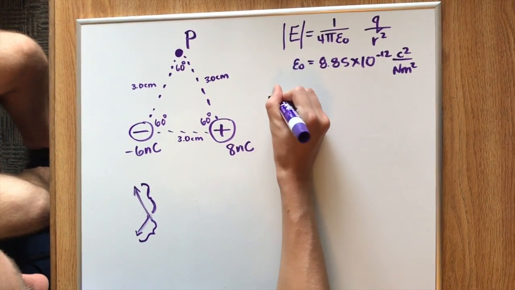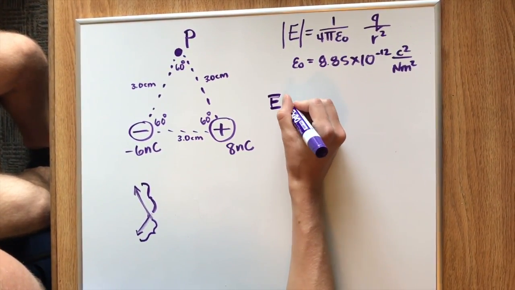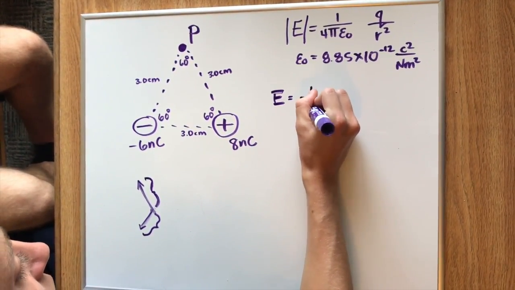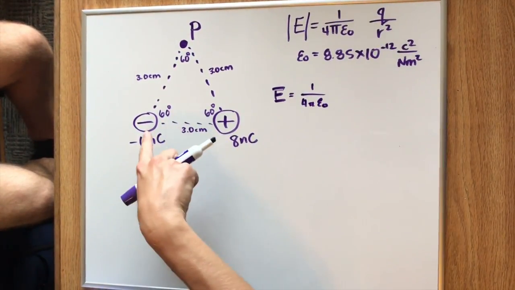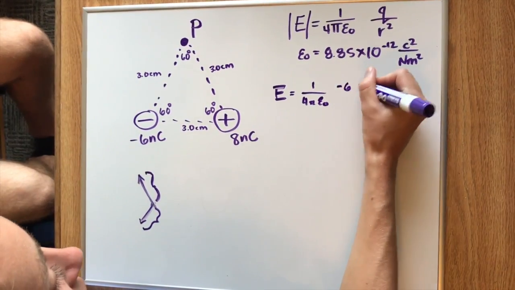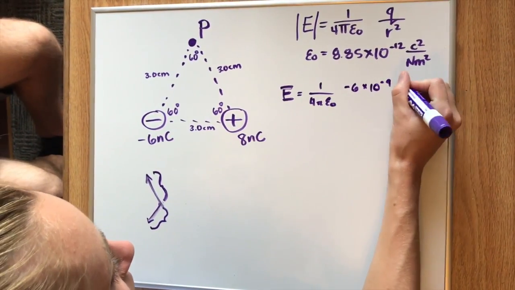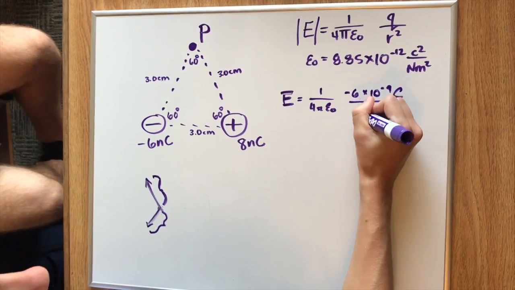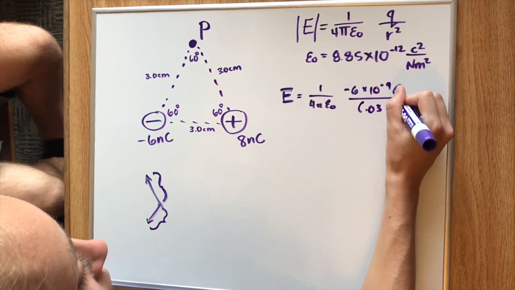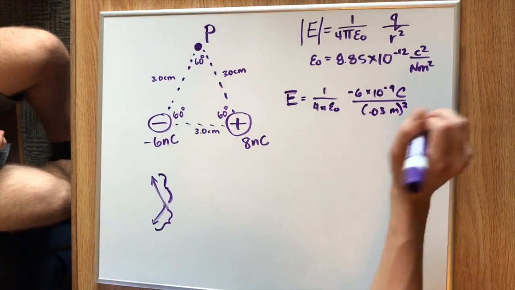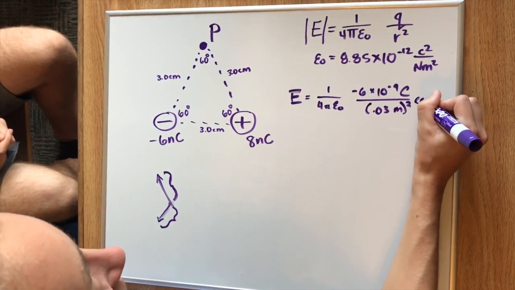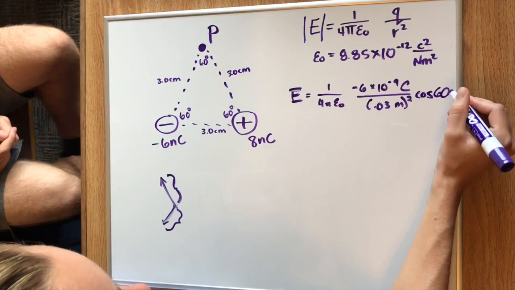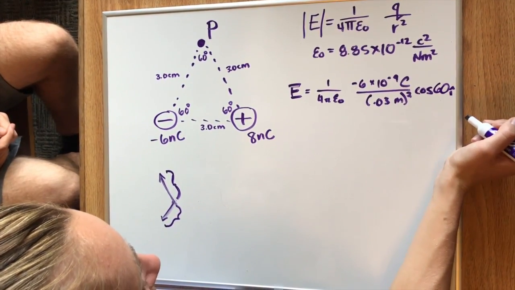So the electric field is equal to, using this equation, 1 over 4 pi epsilon naught, and Q for the negative charge is -6 times 10 to the -9th coulombs over r squared, which is 0.03 meters squared, times, and this is where the components come in, cosine of 60 here, and this is our x component, so we're going to put an i hat.